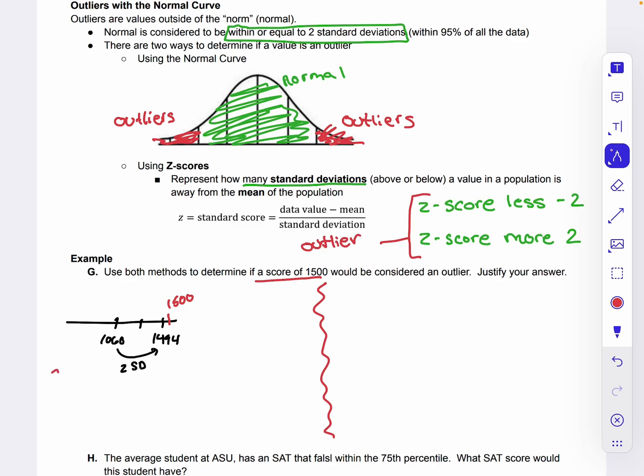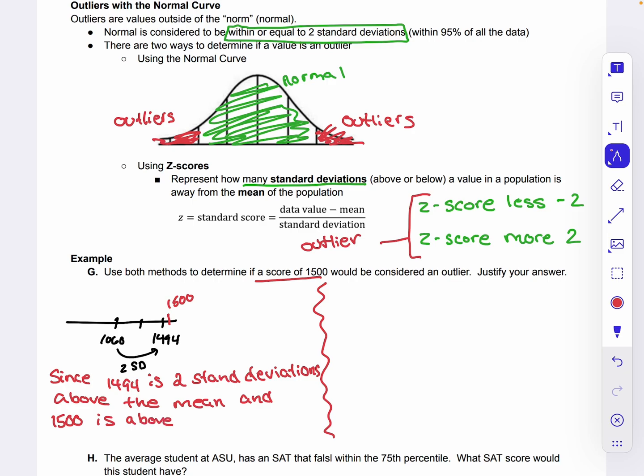So I might say, since 1494 is 2 standard deviations above the mean, and 1500 is above that value, a score of 1500 would be an outlier. So that's one way to explain it.